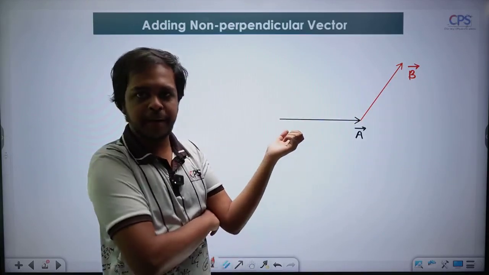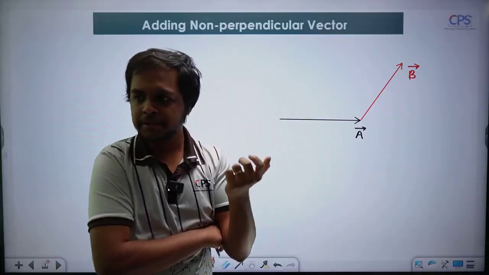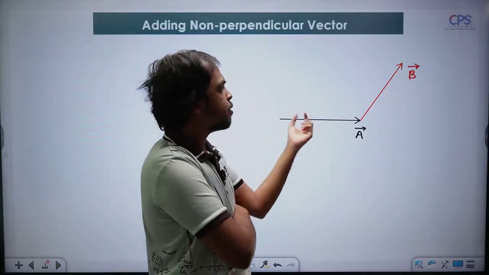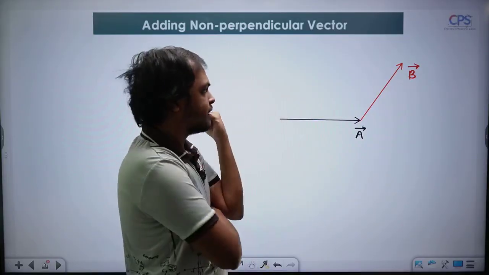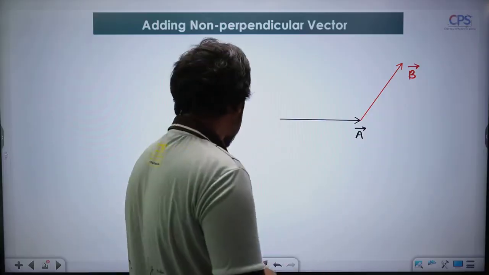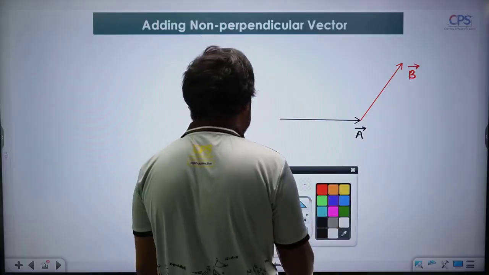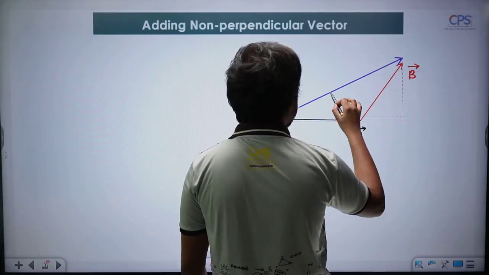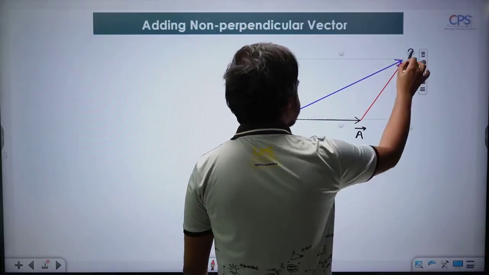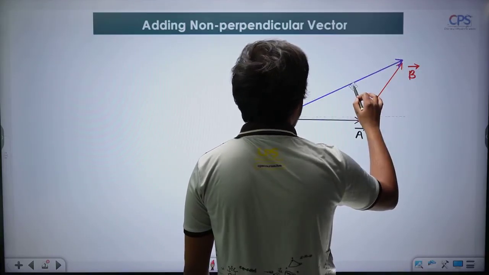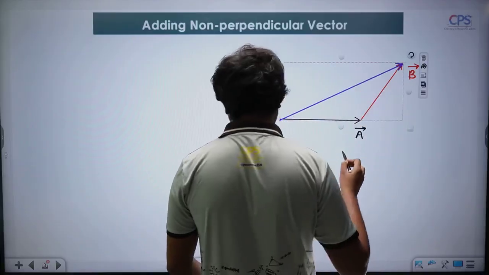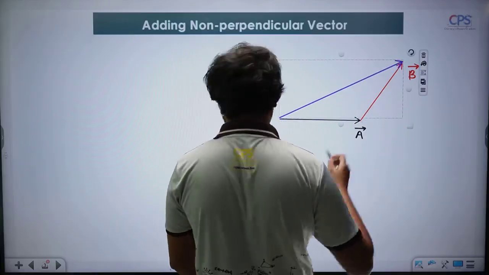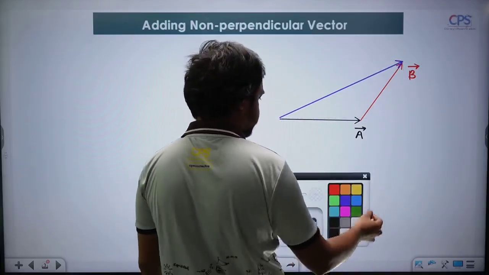This is how vectors work. Displacement is one type of vector, that's why I give that example so much, but all types of vectors work like this. So the resultant vector will be from the starting point to the ending point, right? What we get is actually a triangle.